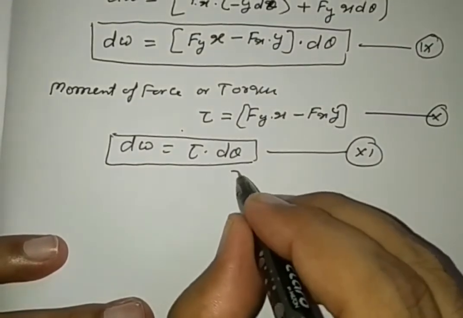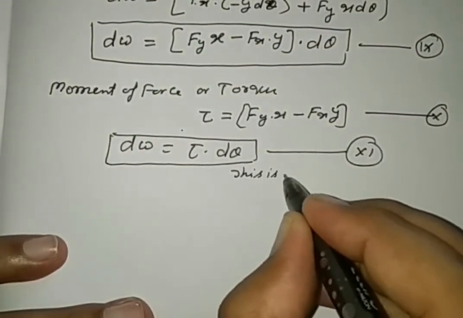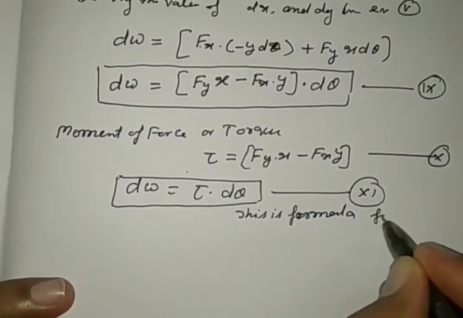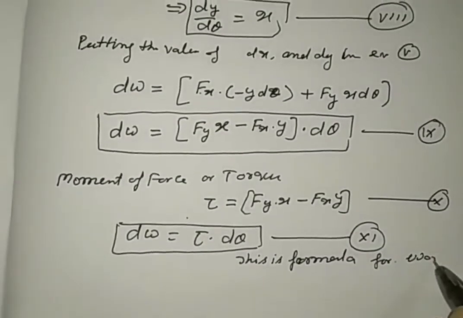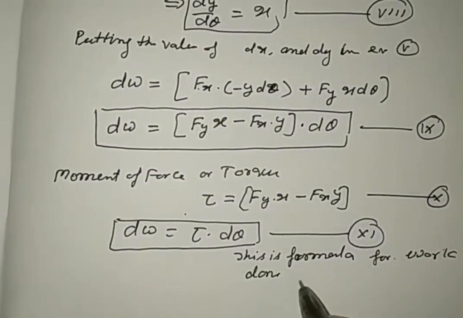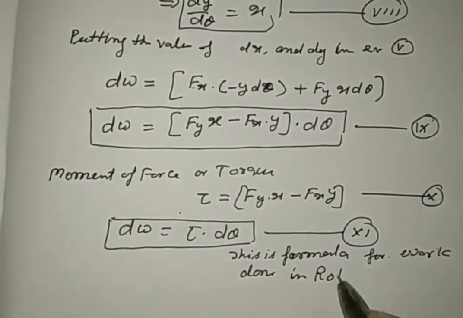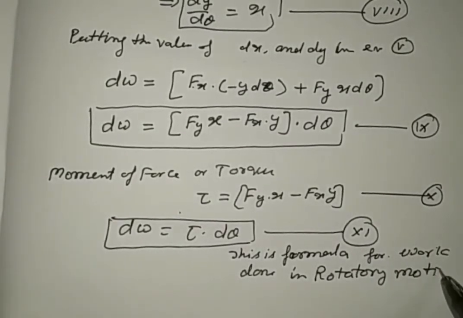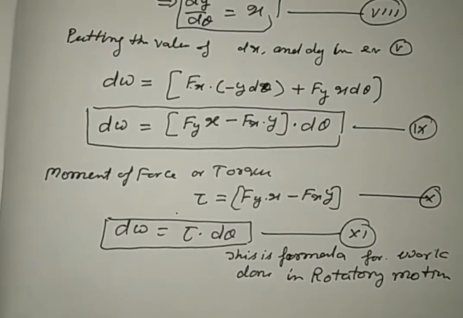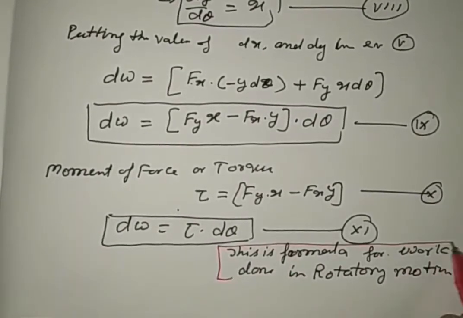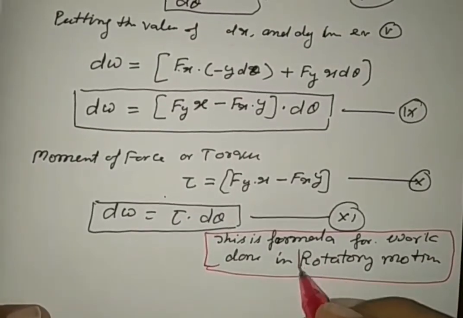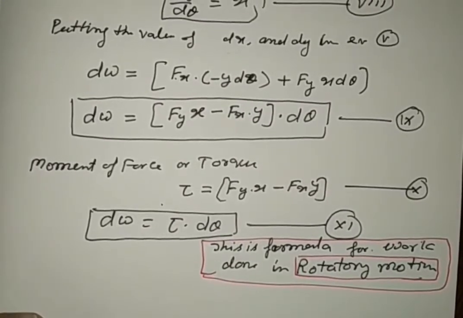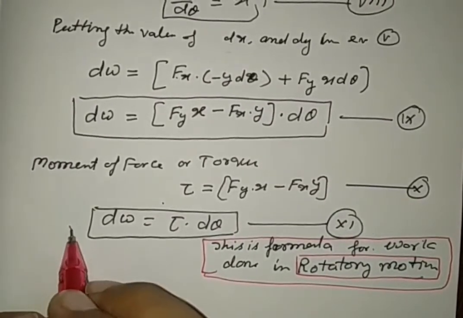This is the formula for work done in rotatory motion. See in the box, everybody very carefully. This formula is for work done in case of rotatory motion, right?